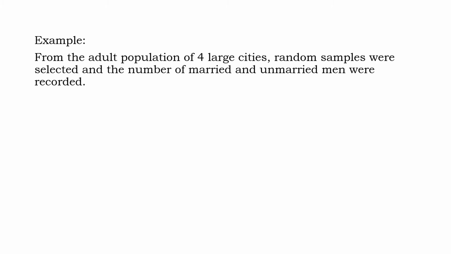Let's look at an example. From the adult population of 4 large cities, random samples were selected and the number of married and unmarried men were recorded. So 4 large cities constitute 4 different samples, and marital status is the categorical variable that you are going to check whether there is homogeneity in that particular categorical variable.